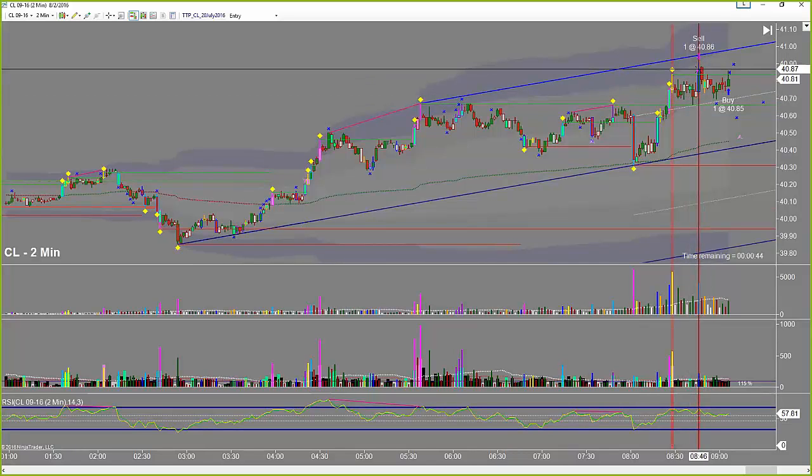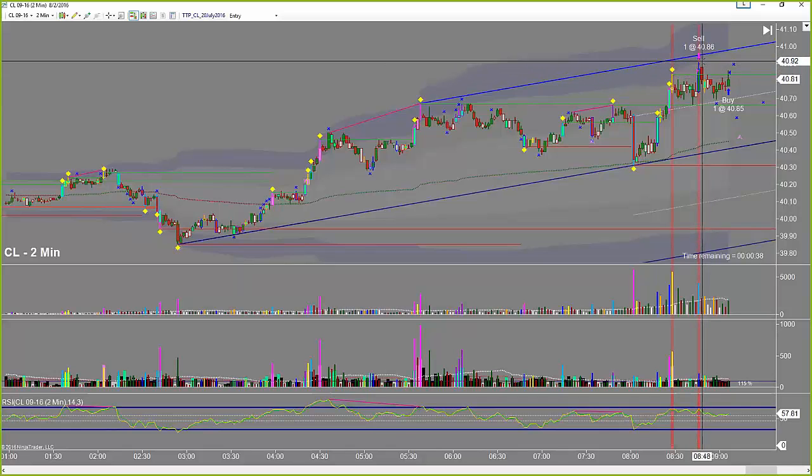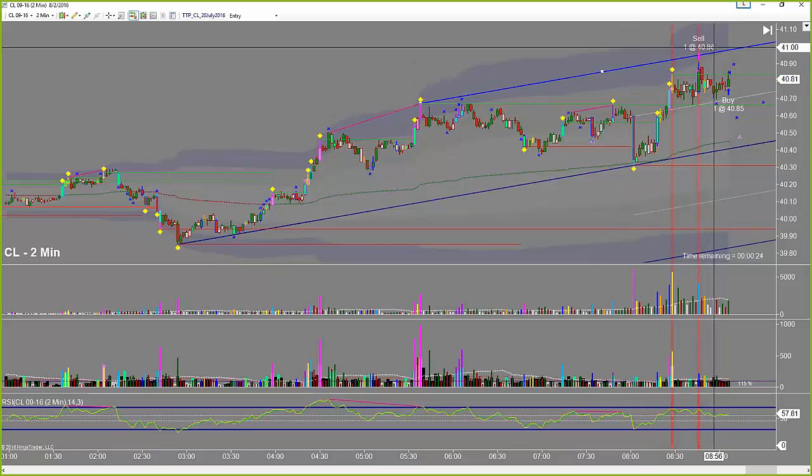So I went ahead and got into one here as it started to turn down on the tick chart, and then put in an order literally 1 or 2 ticks away. I think I had one at 89 and the other one up here at like 92, expecting that it would actually make it and touch this upper median line here.